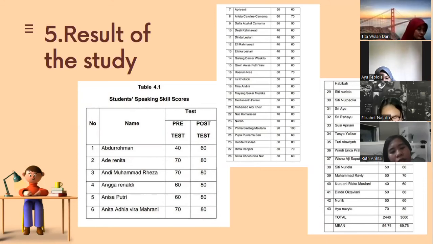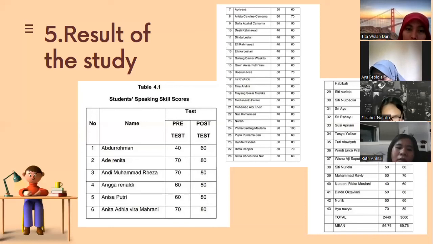speaking score before using the Wheel Decide application and after using it in terms of their learning activities. So in the pre-test and post-test, you can see the before and after show that the students' score range tends to increase after they use the Wheel Decide application.